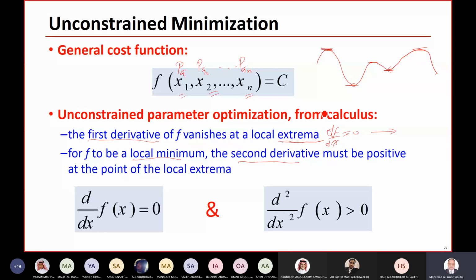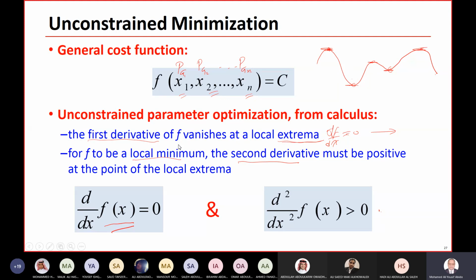If the second derivative is negative, then we are talking about local maxima points here. Since the objective function is a cost, definitely we need to minimize. So we are looking for the minimum value or local minima solution. So df by dx equal to 0 and the second derivative must be greater than 0 to have the local minima.